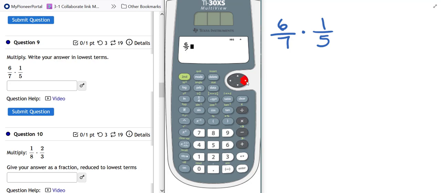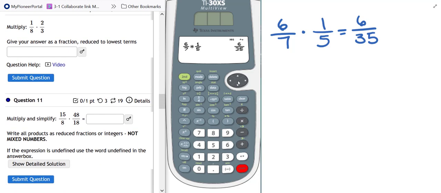So you want to go to the right. Notice how it moved my cursor? Now I'll do times. Another fraction. 1, go down, 5. Enter. So 6 over 35. The only thing really to remember is to get out from under your denominator. To get back out, move your cursor with this little wheel.